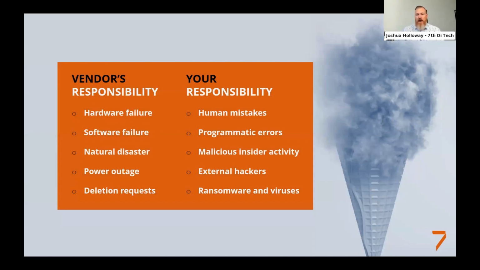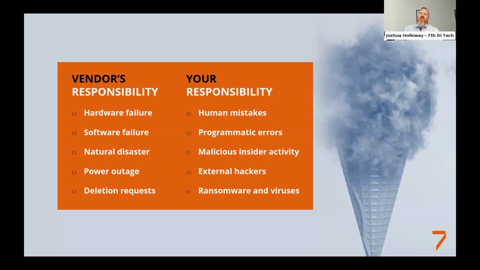That's not, hey, I accidentally deleted something, or an update deleted information, or we had a hacker or a bad employee who decided to go sideways and start deleting information. Any external hackers getting into the systems, and then of course, ransomware and viruses running amok across all the systems.